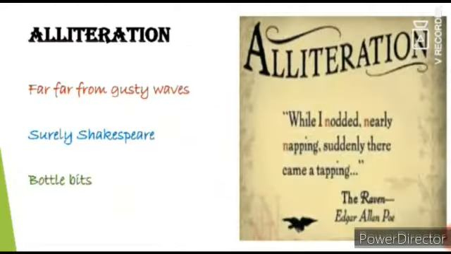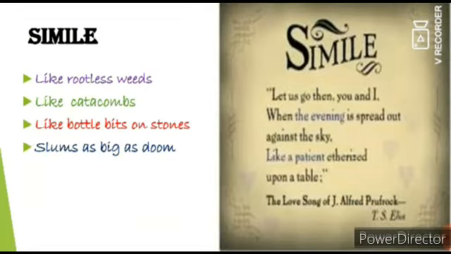Alliteration. Alliteration is the repetition of the initial letter of several words marking the stressed syllable in a line of a poem. Here are few examples. Next we have simile. It is a figure of speech that compares two different things using the words like or as.